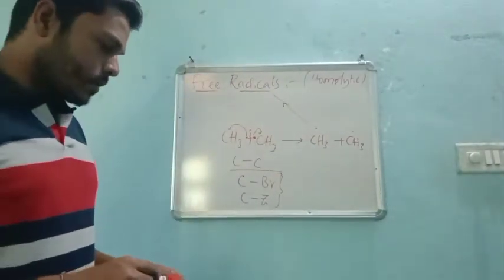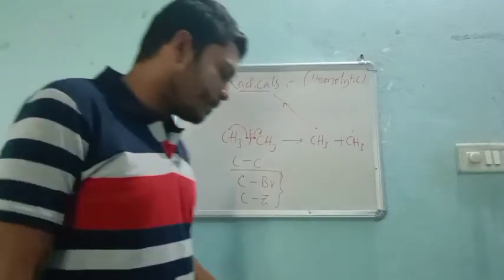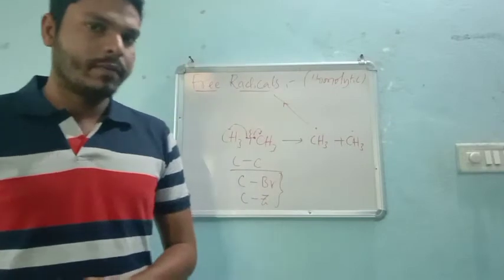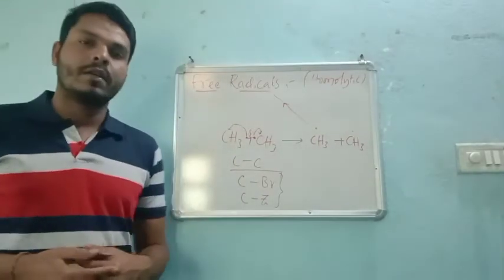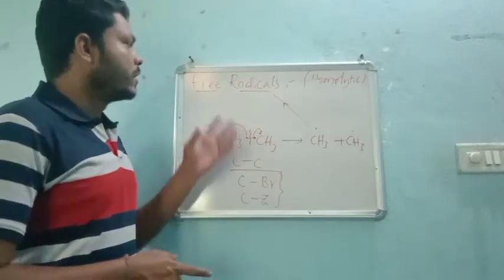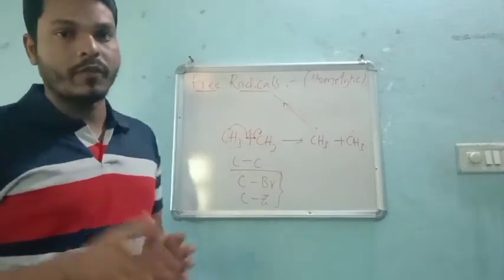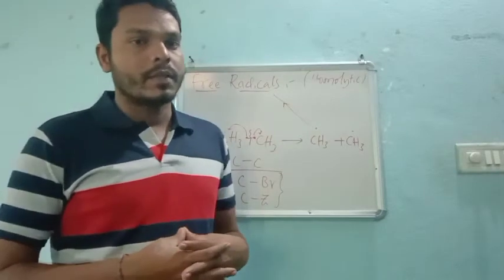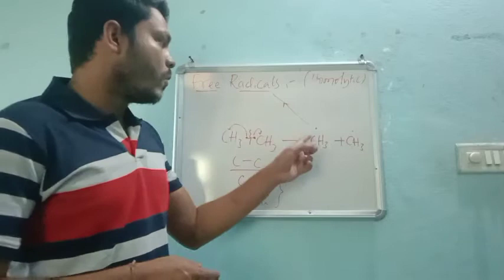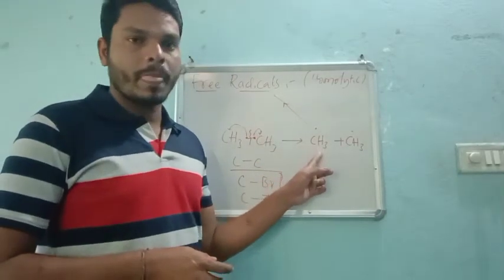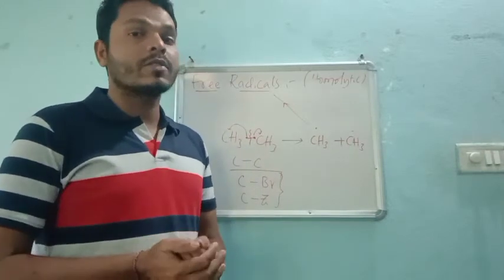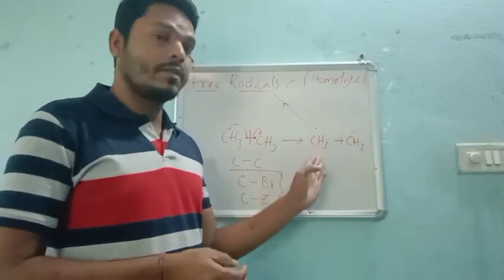What happens if a free radical is produced in our body? You might have heard of the disease called cancer. These free radicals are very dangerous. If they are produced in our body, then unstoppable growth of cells takes place. Once they are produced, we cannot stop their growth.